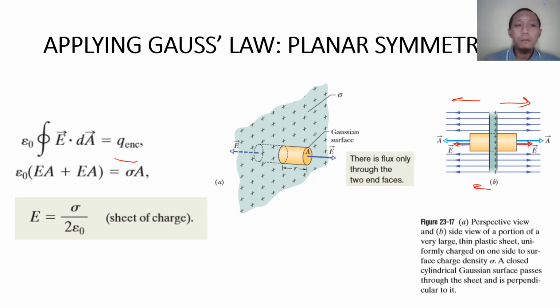So the total flux is EA plus EA, because the first EA is from this side and the second EA is from the other side. And then q enclosed is this one, sigma dot A. So we can cancel this one. So E is equal to sigma per 2 epsilon 0. This is for the sheet of charge.